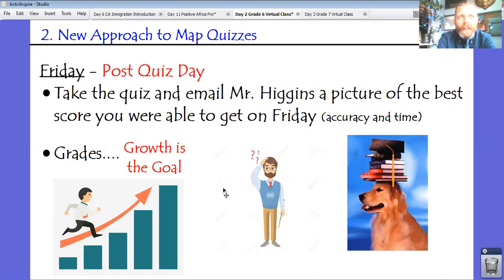What I mean by that is I want to see that you've improved your time, and most importantly, you've improved your accuracy from Monday to Friday. I'm not really sure how to grade that yet, but I'll figure it out. And as soon as I know what I'm going to do as far as grades go, I will let you know about that. If anyone has any ideas, I'm all ears. That was weird. Okay.